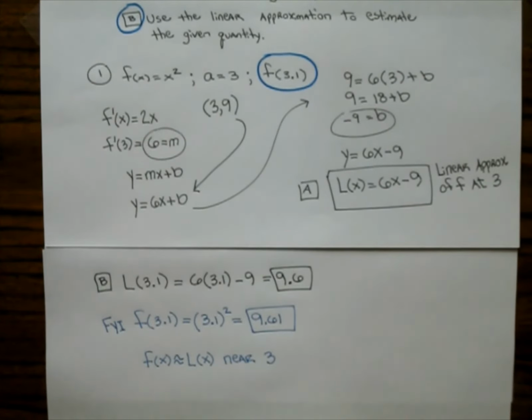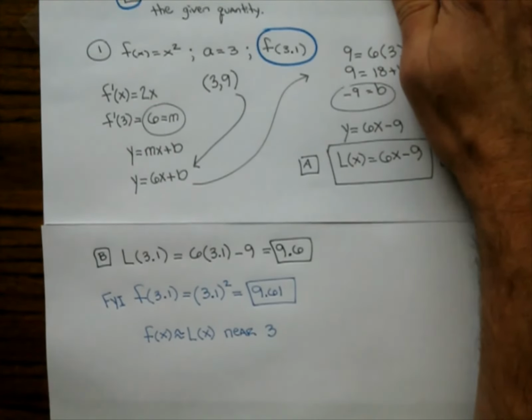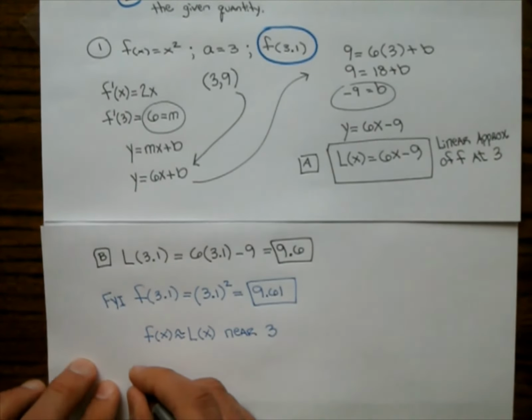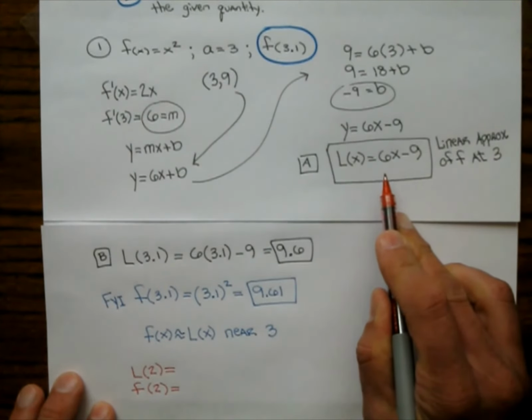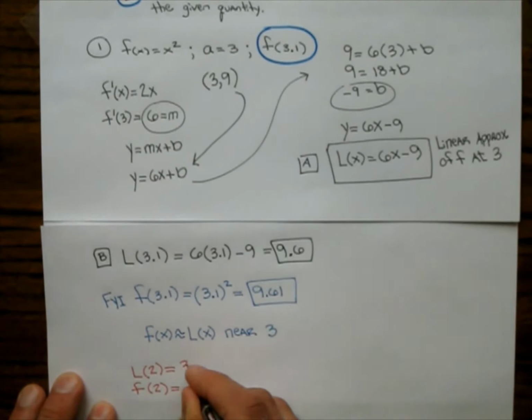I'm going to do something a little crazier. So some of you might want to just skip ahead on this. I'm going to look at L of 2 and f of 2 for this example. And I'm writing it in red. This is not part of the problem. If you put 2 into here, you end up getting 6 times 2, which is 12. 12 minus 9 is 3.